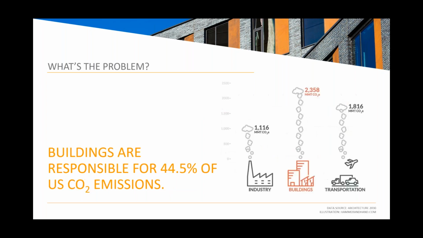And the challenge is that buildings are responsible for a large part of those carbon emissions, CO2 emissions, about 44.5% in the US, and the statistic is similar in Canada. So buildings are contributing a lot of CO2 to the atmosphere, and we as an industry have the opportunity to build better buildings that reduce the amount of carbon, reduce our footprint there, and can make a big impact.